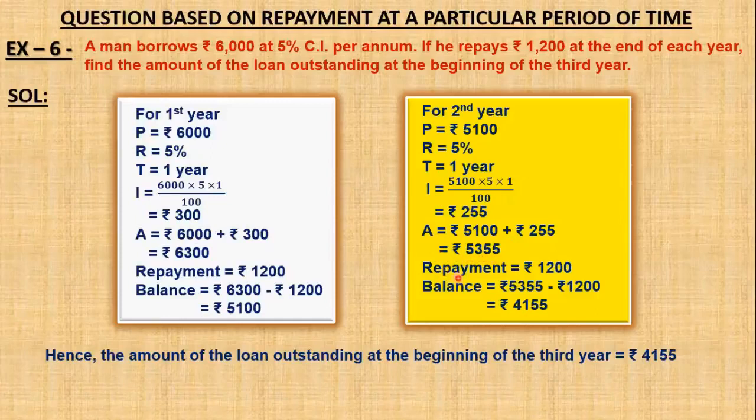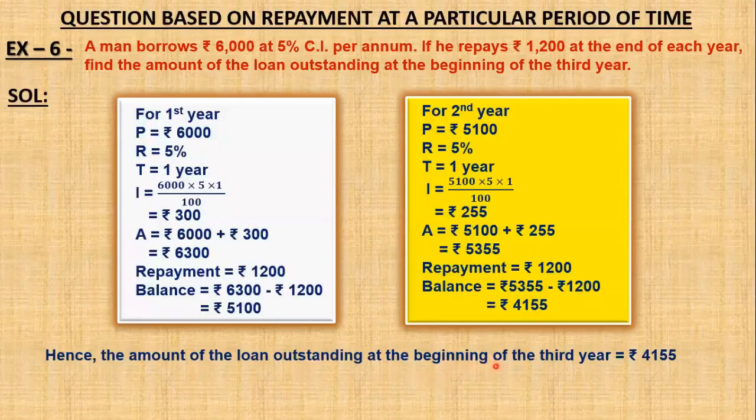Now again repayment at the end of second year is rupees 1,200. So balance left will be amount which he need to pay, that is 5,355 minus repayment which he is paying, that is rupees 1,200, which will give rupees 4,155.